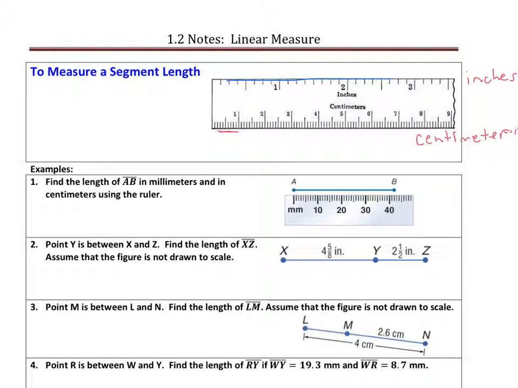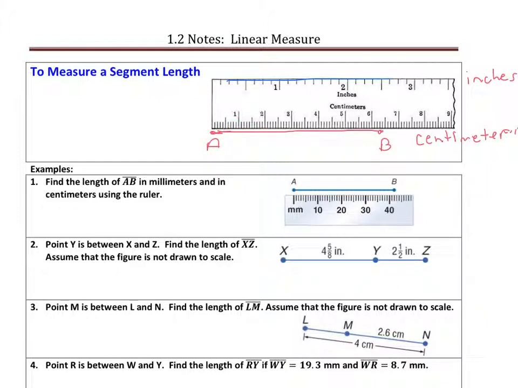So if I drew some kind of segment, and I'm going to go out maybe to there, and I lined up endpoints here, let's call it A, B again. And I told you I want you to measure AB in millimeters. Millimeters are the very small scale here. There are 10 millimeters in every centimeter.